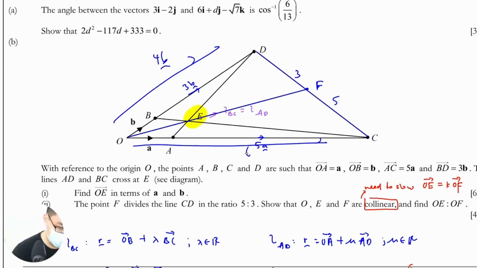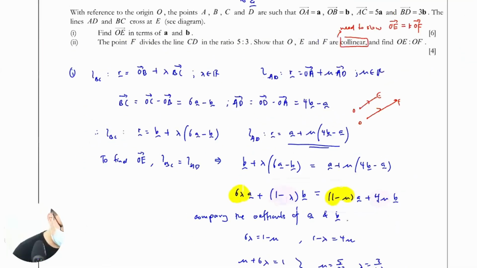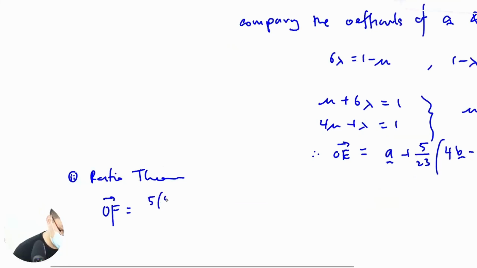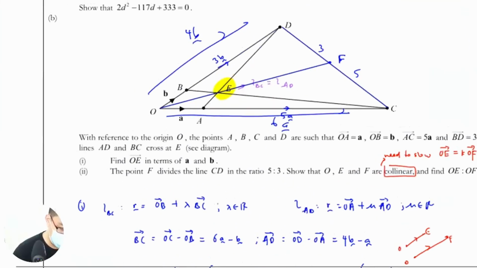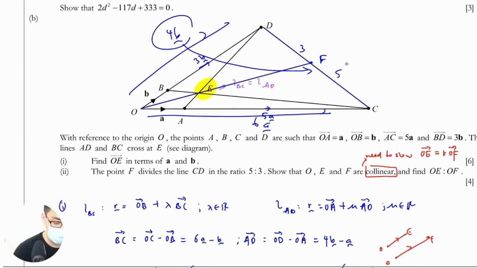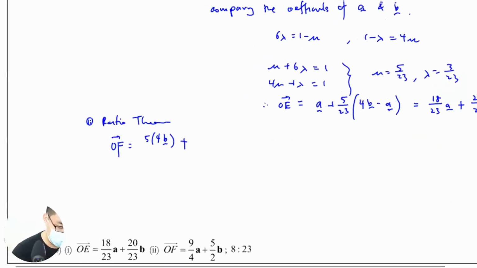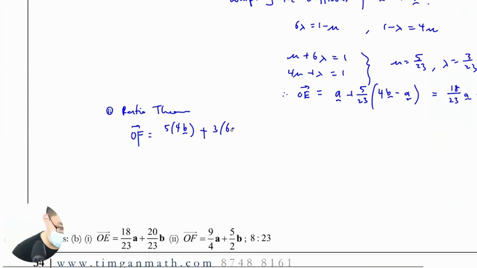This is 6A. So 4B times 5 plus cross multiplication. This times this times this. So 3 times 6A over, right?